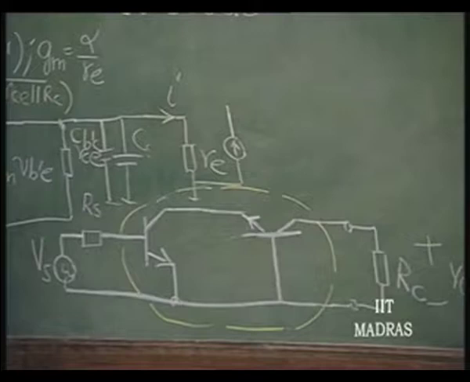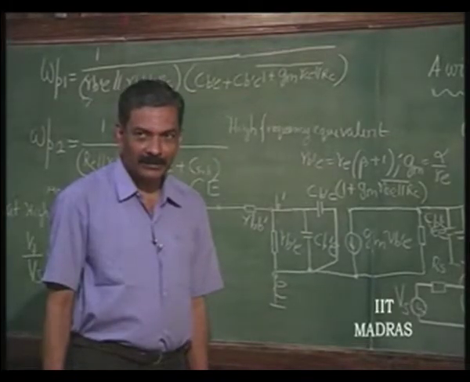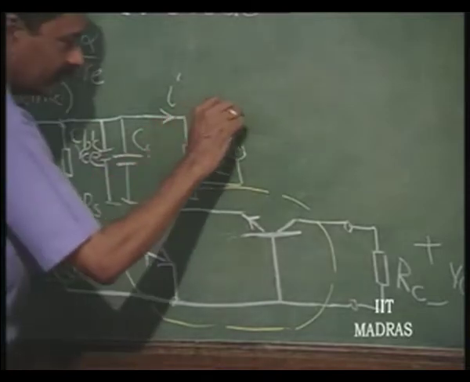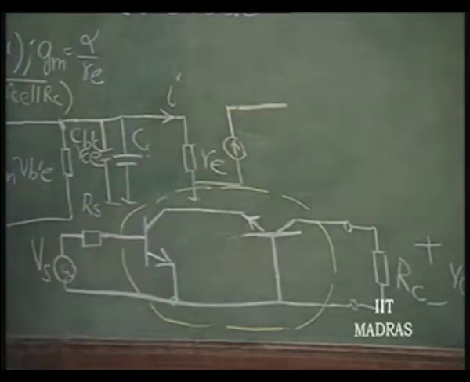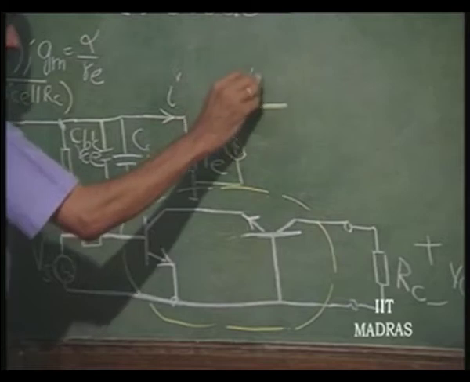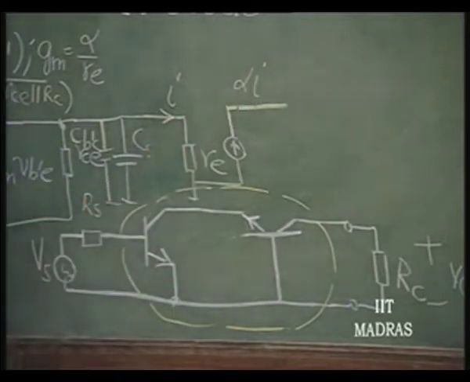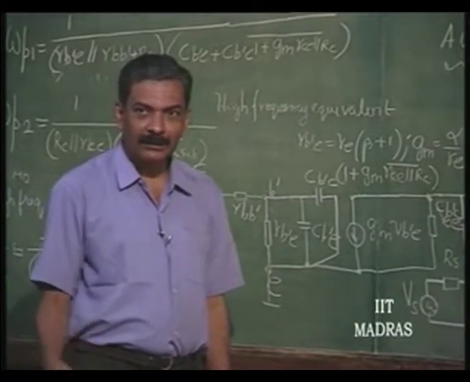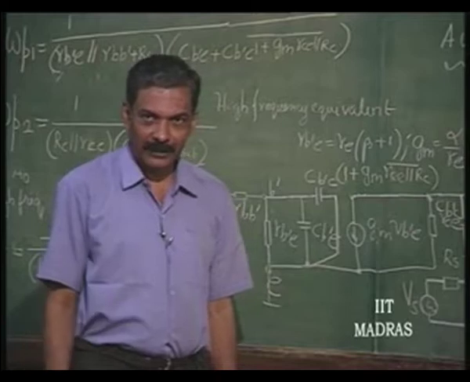normally need not be replaced by hybrid pi equivalent circuit. Even if you replace, you will note that ultimately the effect is only due to this common base structure, which is I and alpha times I, and alpha cutoff frequency of this BJT is beta times the beta cutoff. Okay.